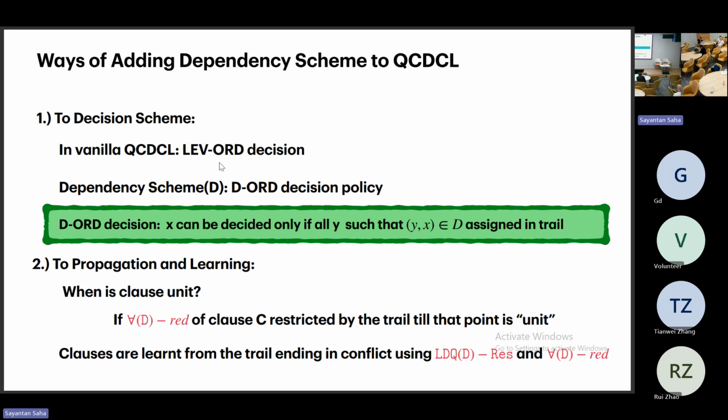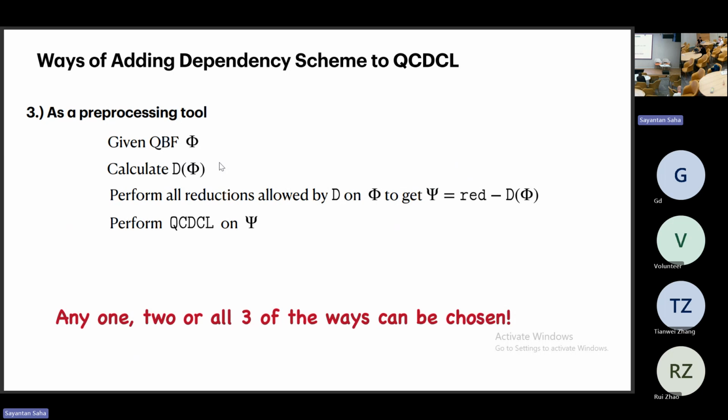And when I'm learning, instead of just long distance resolution and universal reduction, I use long distance resolution with dependencies and reduction with dependencies. I'll highlight a small example later to illustrate the difference. And the third way is basic pre-processing, where given a QBF, I apply a dependency scheme to it, get a reduction of the QBF, and then perform QCDCL on it.